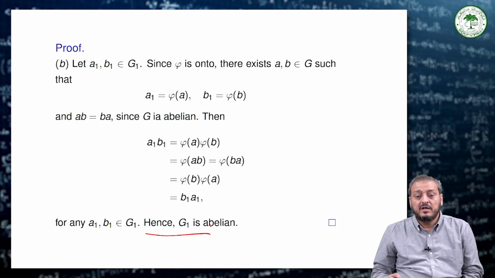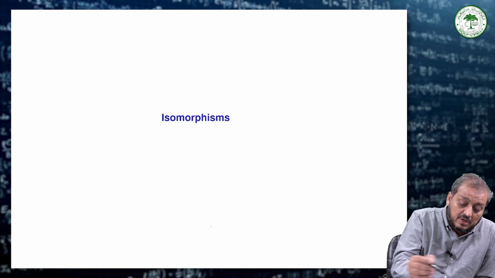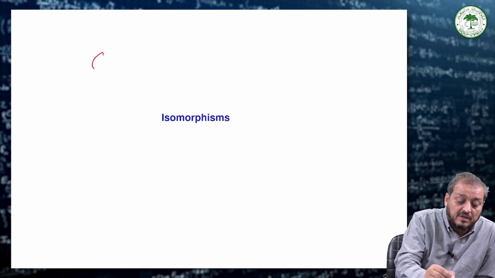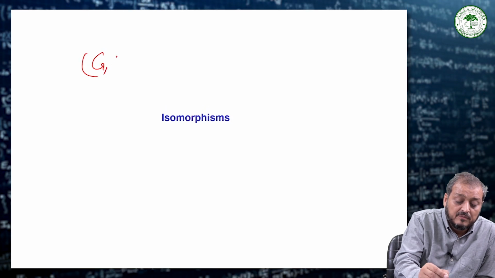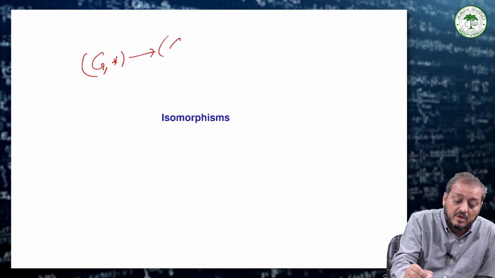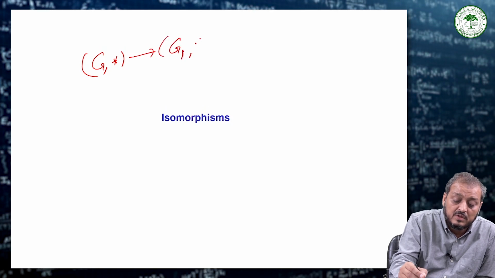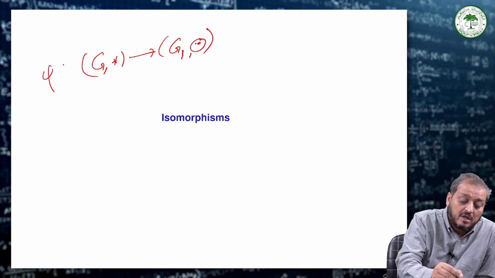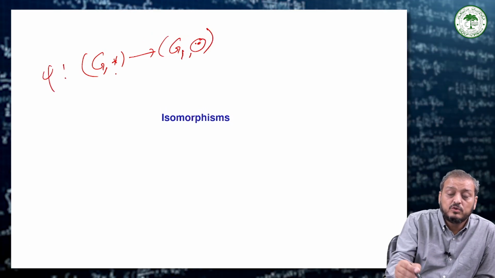Okay, now we move to the next article, and that article is isomorphism. Before this we had homomorphism. Suppose we have a group G with a binary operation, and a group G1 with its binary operation, and a map phi from G to G1.